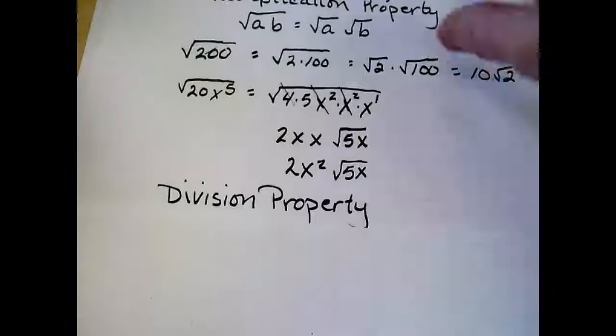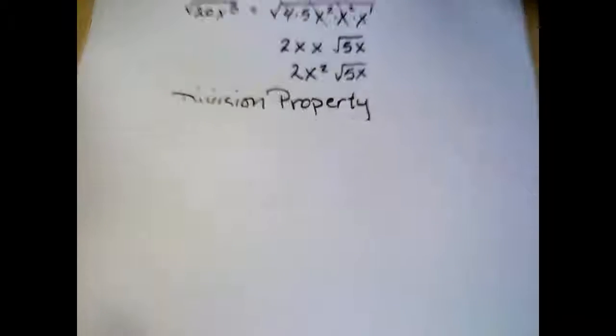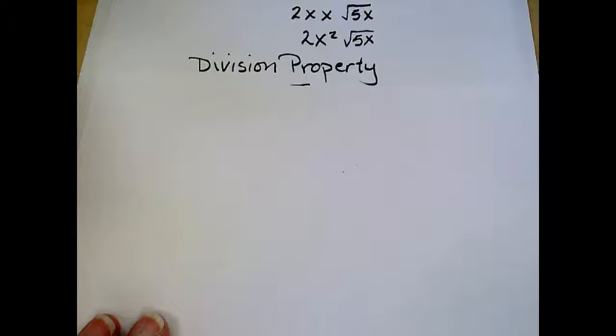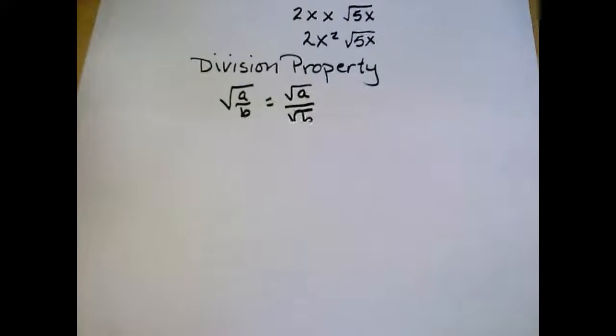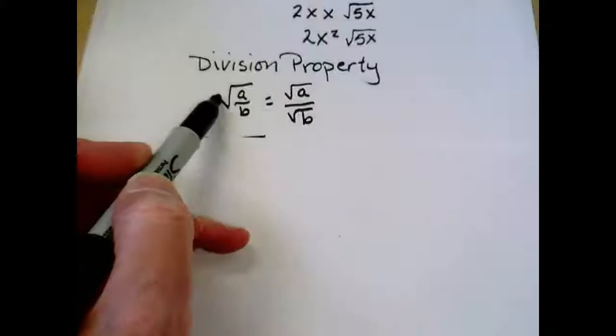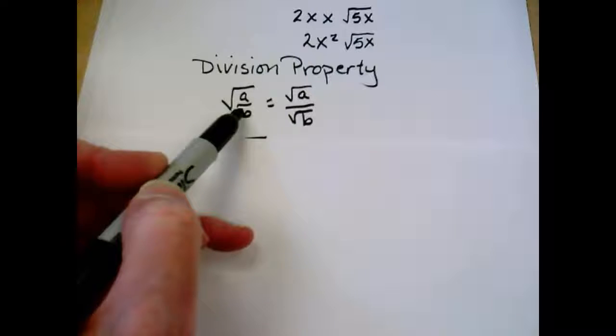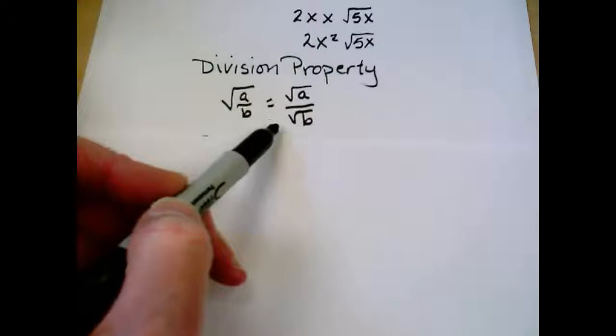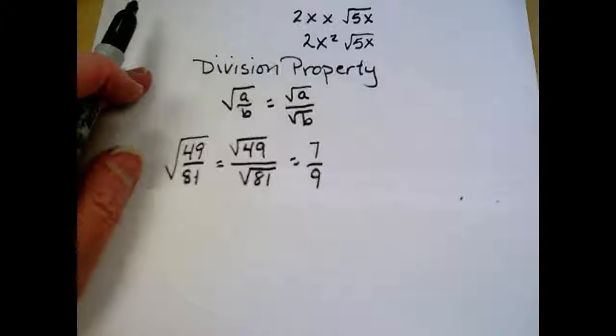We can also use the division property of radicals. In the division property, we can separate up our division problem into two separate radicals. So if we have the square root of a divided by b, I can separate it up into the square root of a divided by the square root of b.